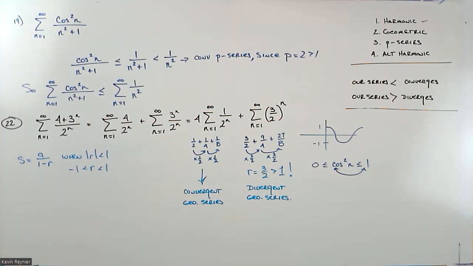We literally worked with our series. We just attacked our series. Our series is a divergent geometric series. Okay, so that's number 22. Let me clean this up a little bit and we'll make some space here.